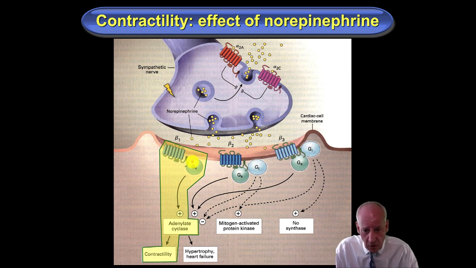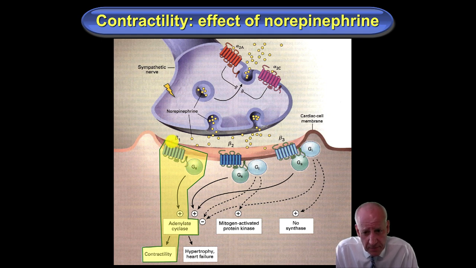And acting in all of the contractile cells, the working myocardium, this receptor increases contractility. This is called positive inotropy. And in the conduction system, activation of the beta-1 receptor by norepinephrine increases conduction velocity, and that is called positive dromotropy.